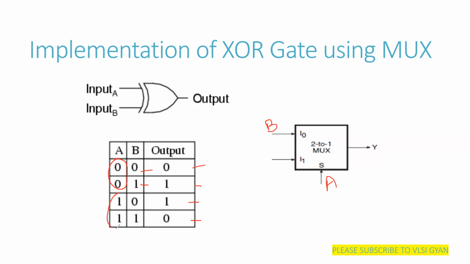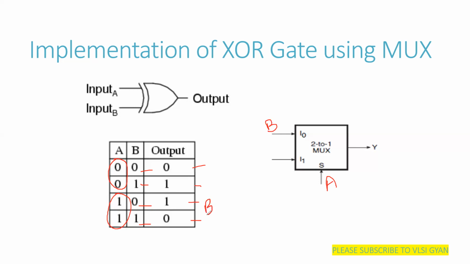Similarly, when A is 1, at that time we need to compare the output with the other input remaining. So here you can see when A is 1, B is 0 and output is 1. B is 1, output is 0. So we can say that the output is complemented.